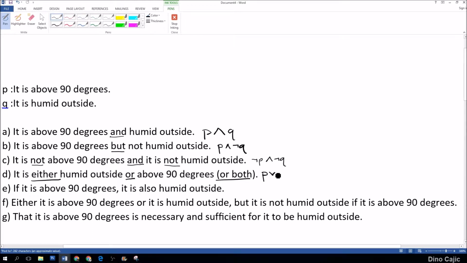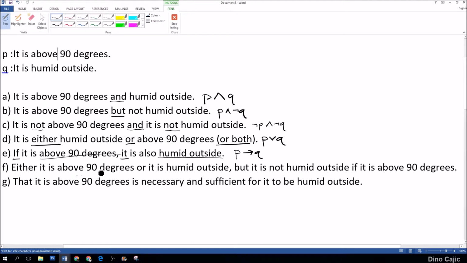So P or Q. So the next one, if it is above 90 degrees, it is also humid outside. So this is our basically if-then statement. We could have also said this: if it is above 90 degrees, then it is also humid outside. So since this is our first statement, second statement, premise, conclusion, P implies Q.